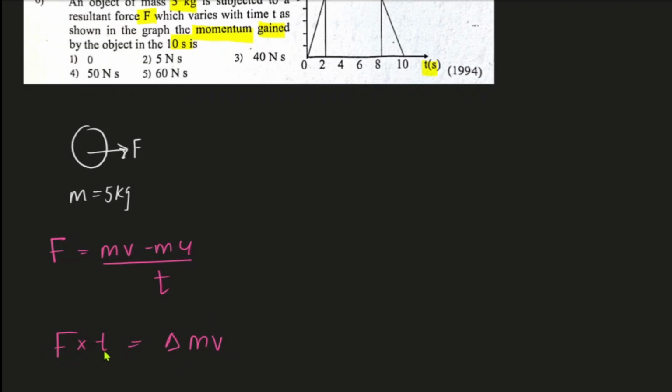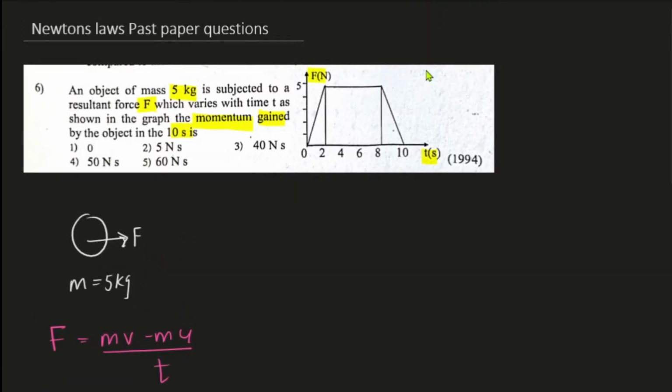Now F into t is force into t. How to find F into t? It can be given by the area under this curve.